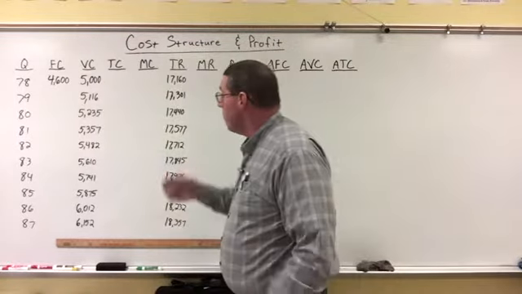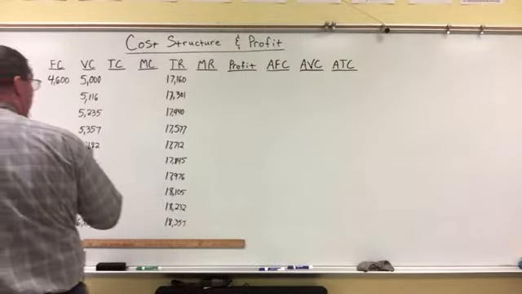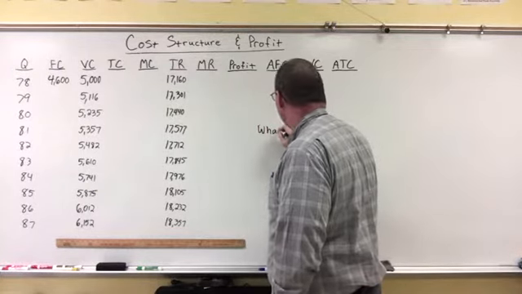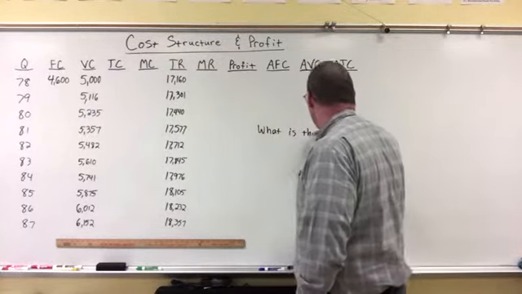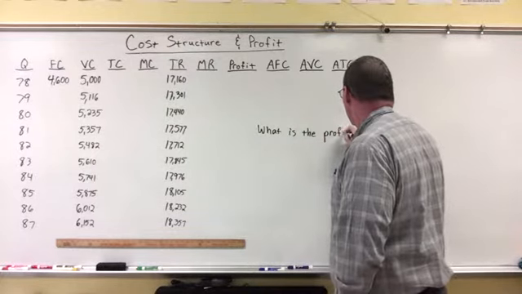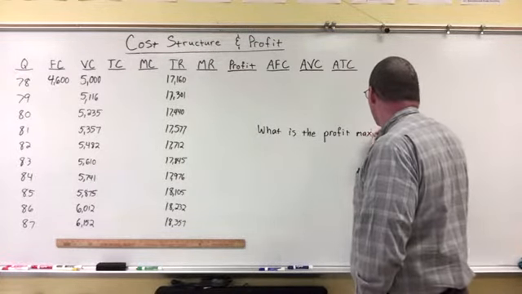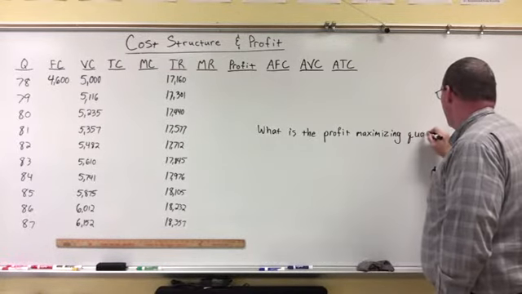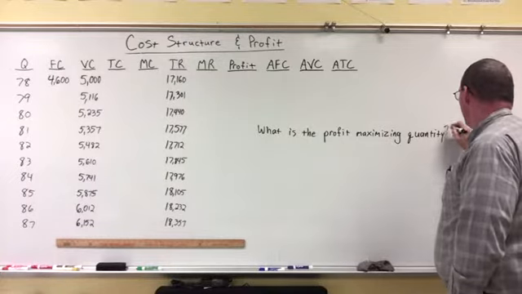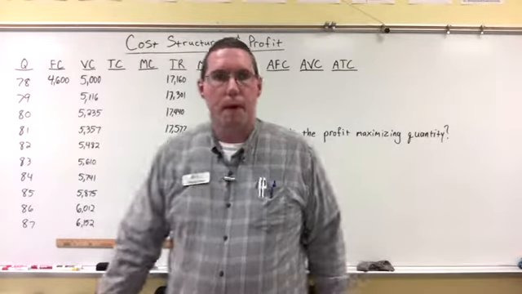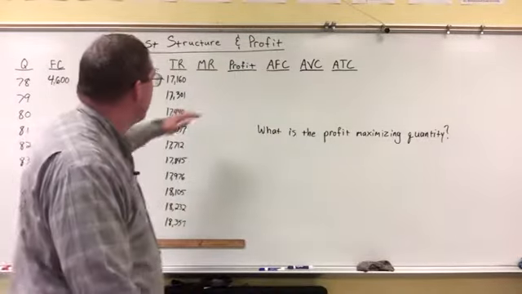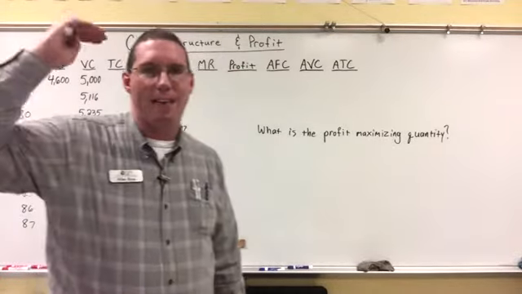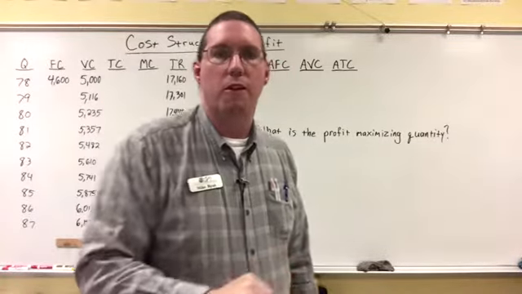So the main decision that businesses are trying to decide is, what is the profit maximizing quantity? And so what we're going to do is fill out this table, and then we're going to look at the profit column and find the place where profit is at its highest point, and that's the one that we're going to pick.